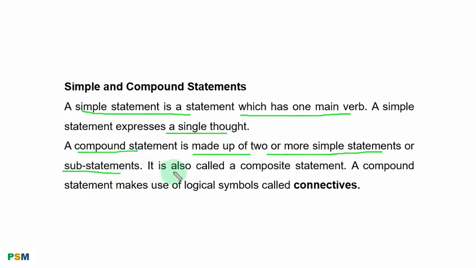It is also called a composite statement. A compound statement makes use of logical symbols called connectives. Connectives are used to join simple statements in order to have a compound or composite statement.